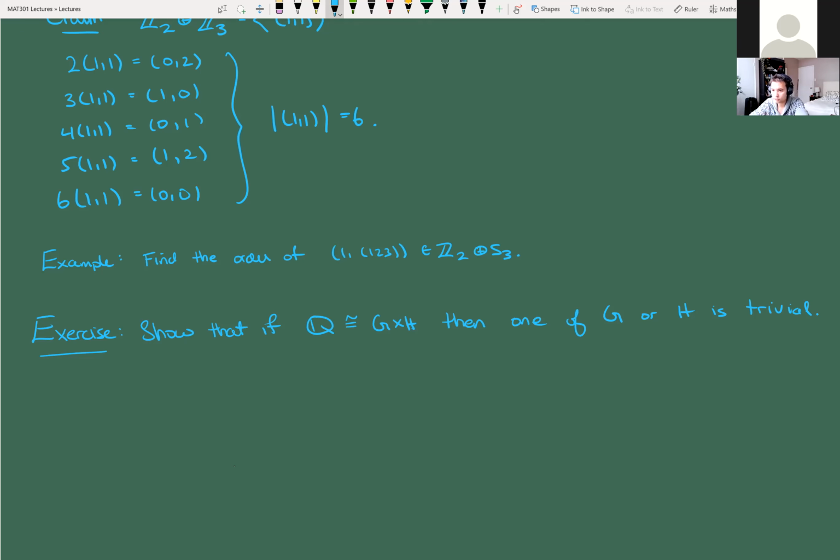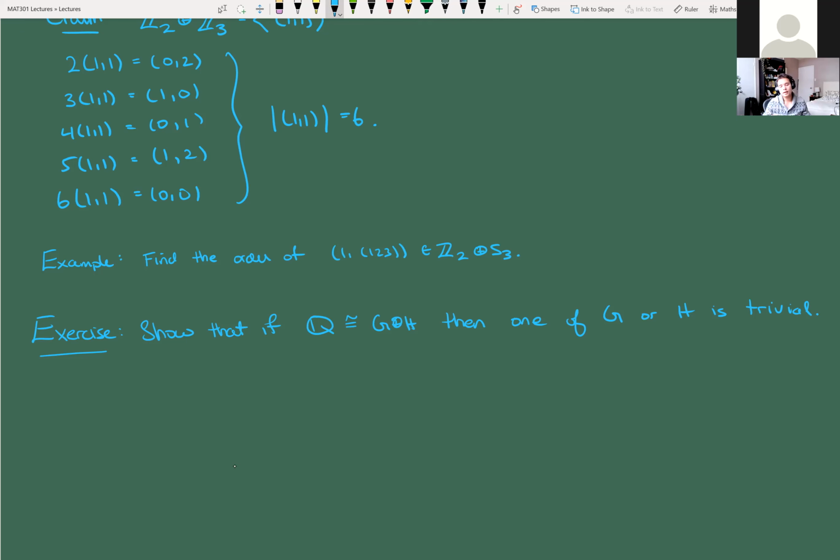You cannot write them as a direct product of groups non-trivially. Basically Q is isomorphic to Q cross the identity, or the trivial group. If you're going to do it as a direct product, the rationals are isomorphic to the rationals times the identity. Or I guess I should write plus here again. Okay, so that's what I want you to do. Prove that the rationals cannot be written as a non-trivial direct product.